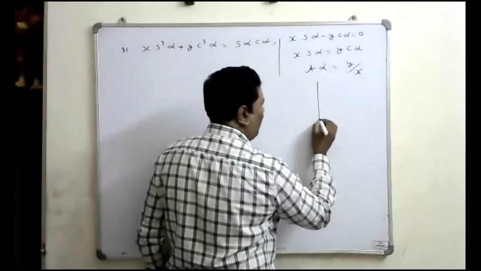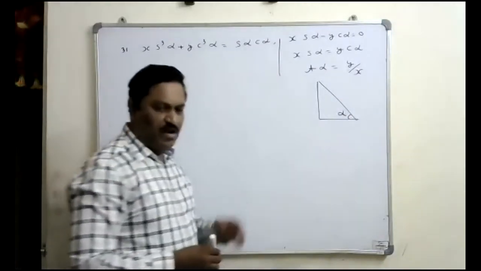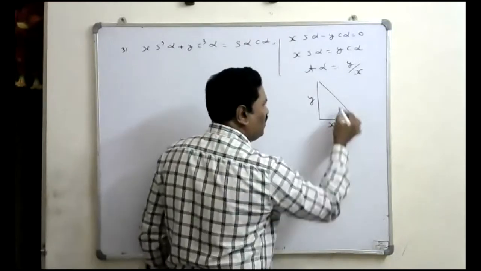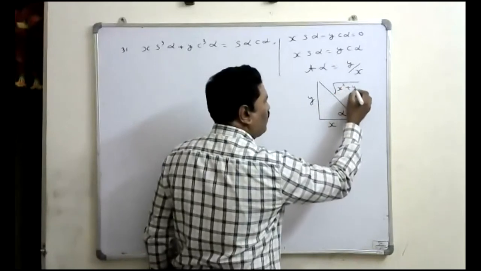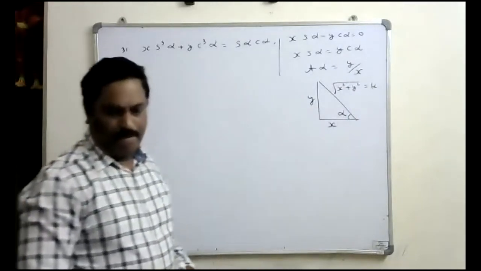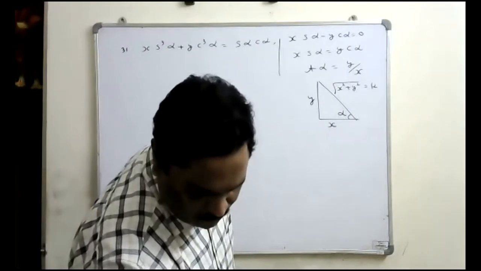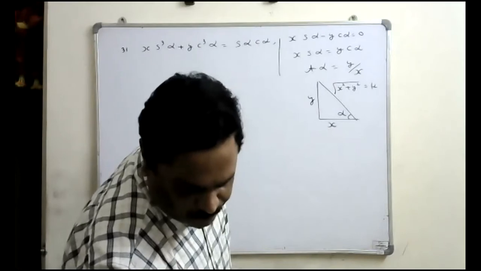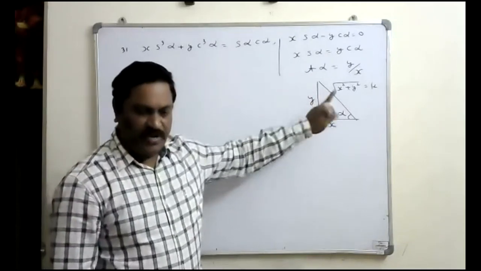Here I will consider the right angle triangle for the angle alpha. So tan means opposite by adjacent side, means this is y unit and this is x unit. Then the hypotenuse will give root over x square plus y square. So this is root x square plus y square, that is the hypotenuse.